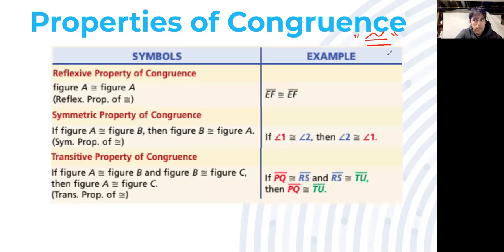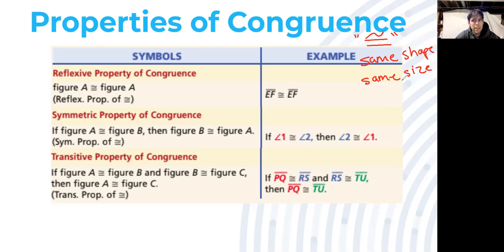Congruent is what we use for geometric shapes. We say that this shape is congruent to this other shape. It basically means two things. It means it's the same shape and it's the same size. So congruent is a little more detailed, a little stronger than just saying equal.